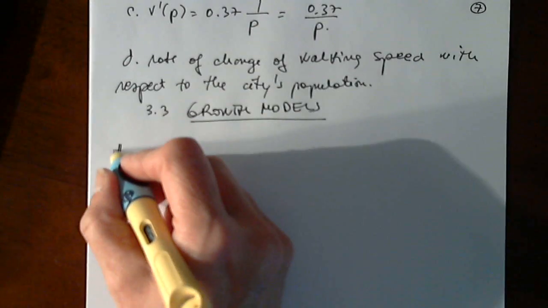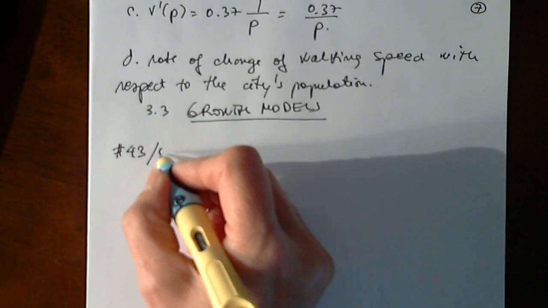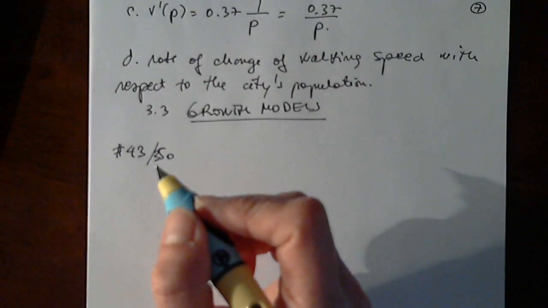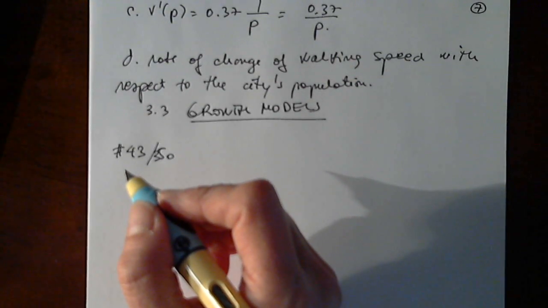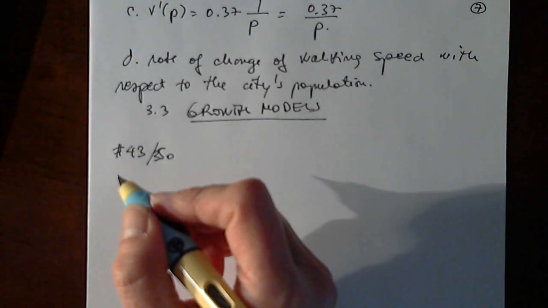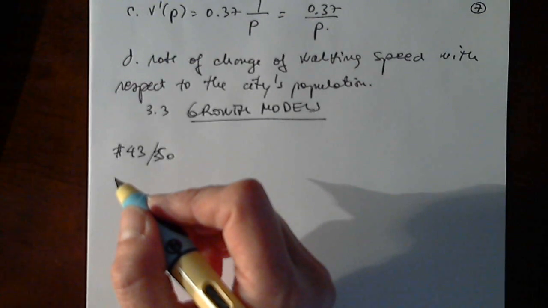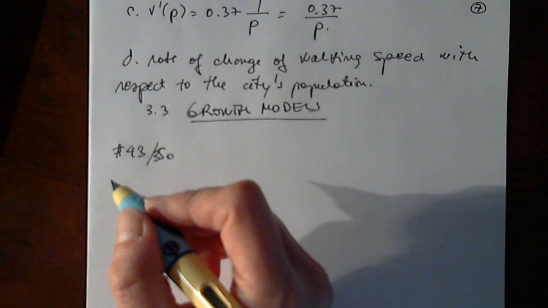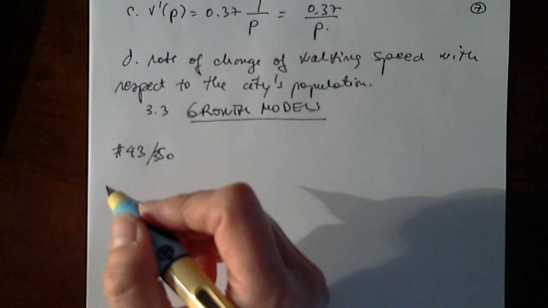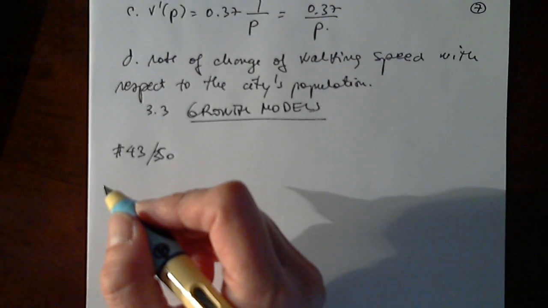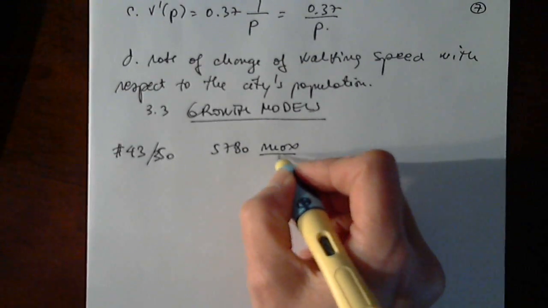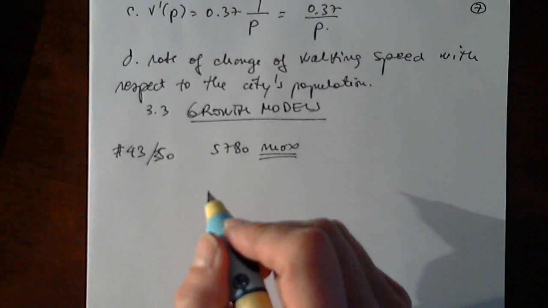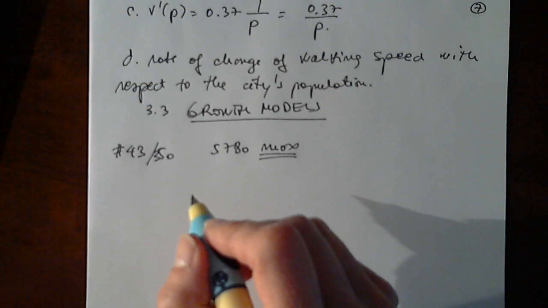Let's start with 43 on page 350. Limited population growth. A ship carrying 1,000 passengers has the misfortune to be wrecked on a small island from which the passengers are never rescued. The natural resources of the island restrict the growth of the population to a limiting value of 5780, to which the population gets closer and closer, but which it never reaches.